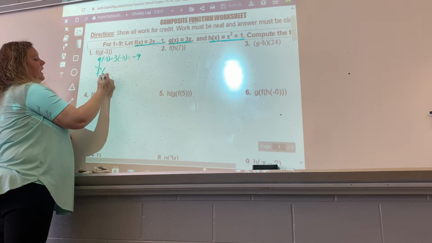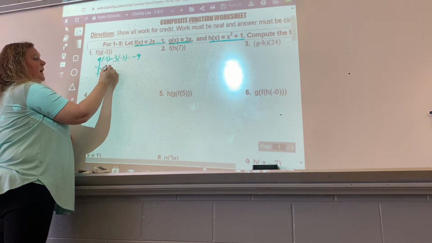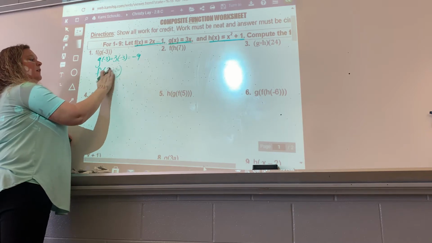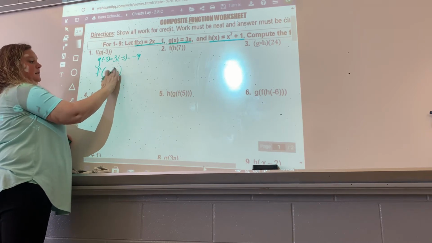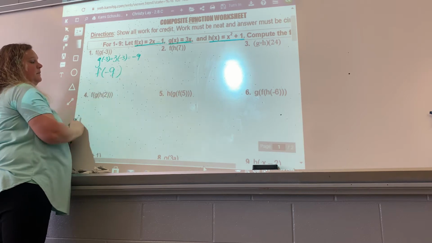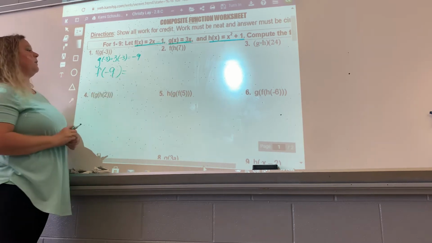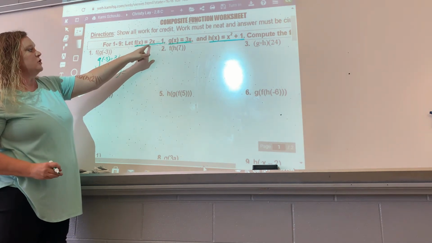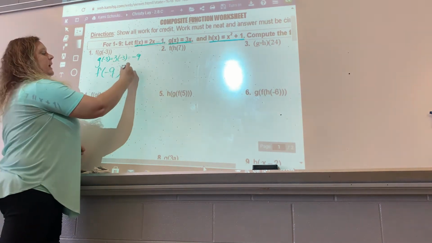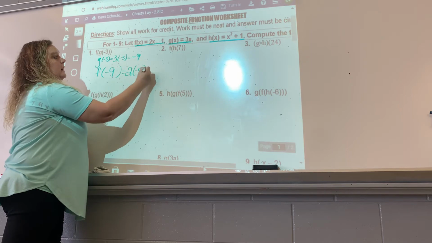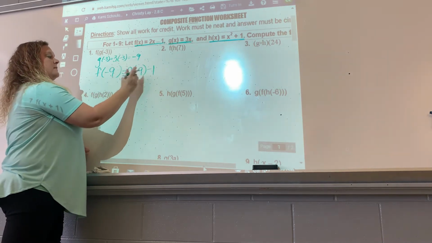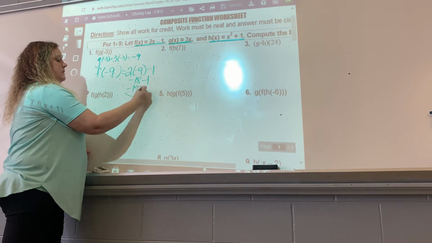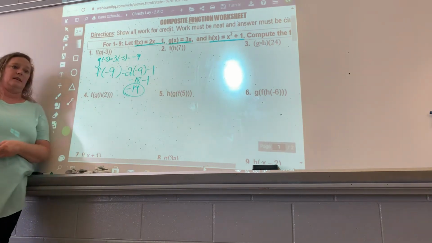So now I'm going to go to the f equation, and they had g of -3 here, right? But I now know that this is -9. So now I'm going to go to the f equation and plug in -9. So here's the f equation, 2 times x minus 1, but x is now -9. So 2 times -9 is -18, minus 1 is -19. So my final answer is -19.